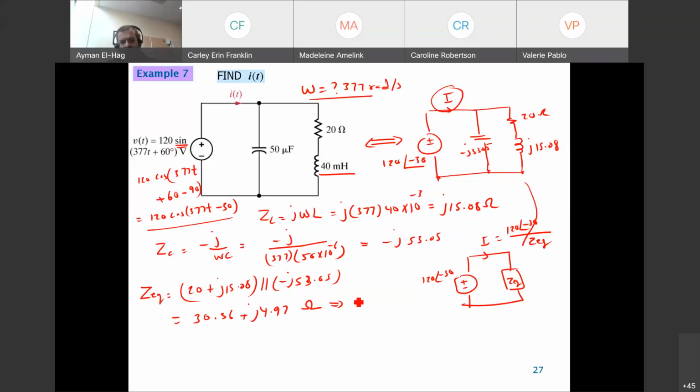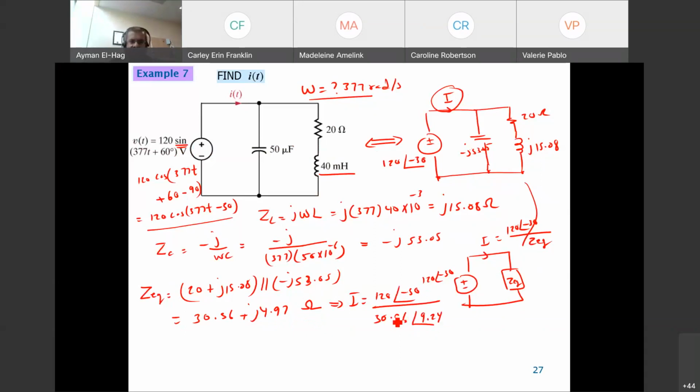So from this, your I is equal to 120 angle of minus 30 divided by this. Because I'm dividing, I have to convert this into polar, so this becomes 30.96 angle of 9.224.